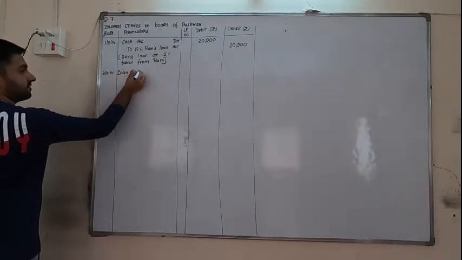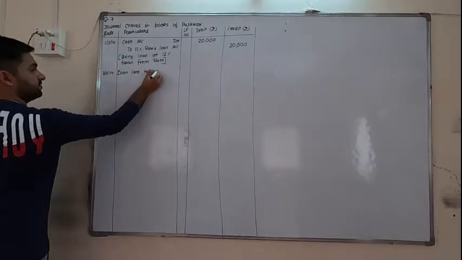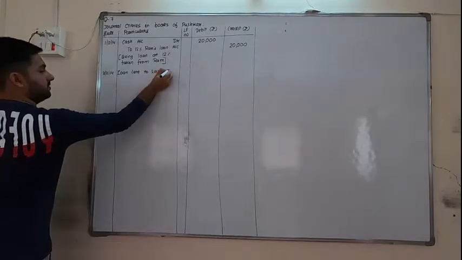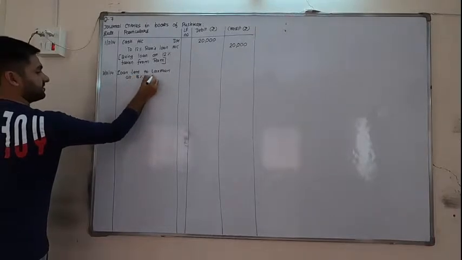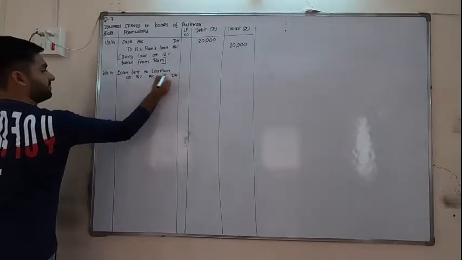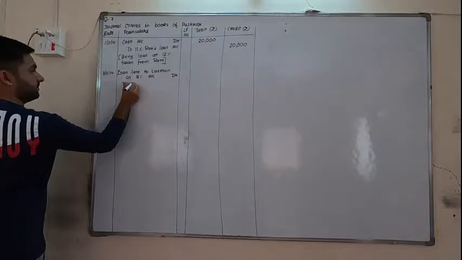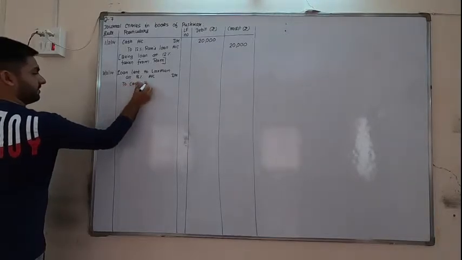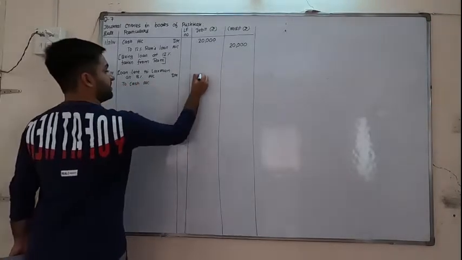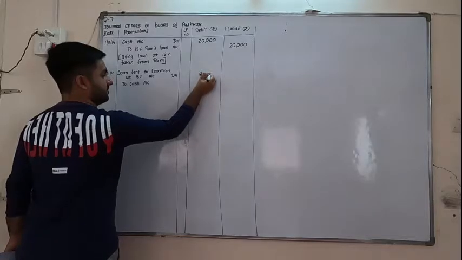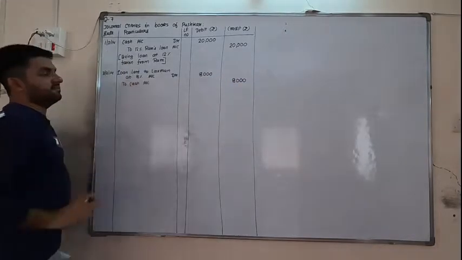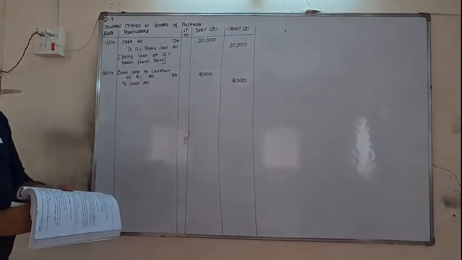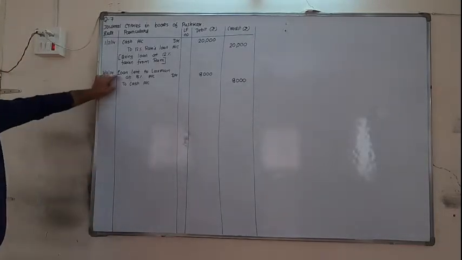Loan lent to Lakshman at 8% account debit to cash account, amount 8,000. See, one more thing, the word is a little bit big, so I have written it in two lines.